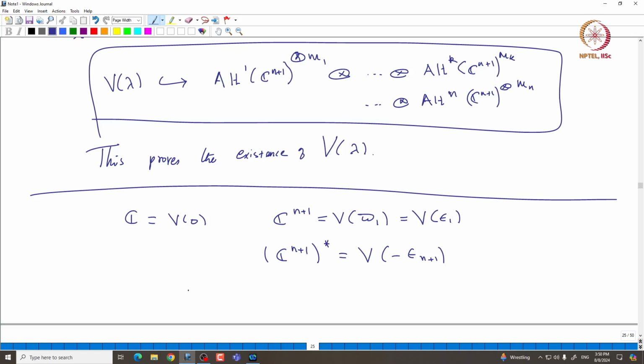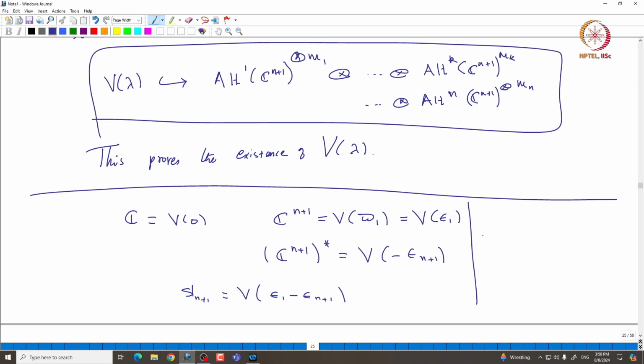Now if you take sl n plus 1, which is the adjoint representation, that corresponds to what is called the highest root, which is epsilon 1 minus epsilon n plus 1. I am writing everything in terms of the epsilon a basis, and you restrict to h.